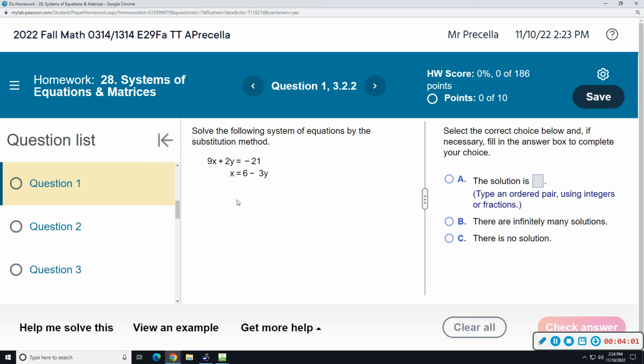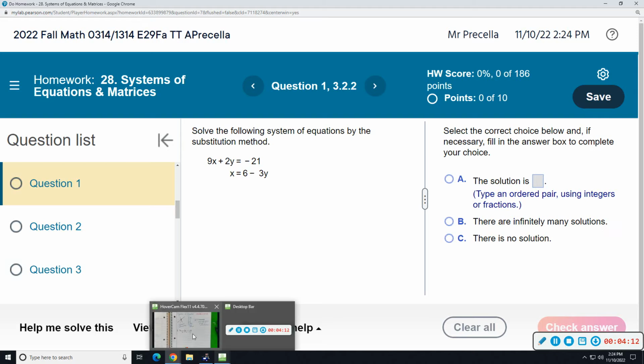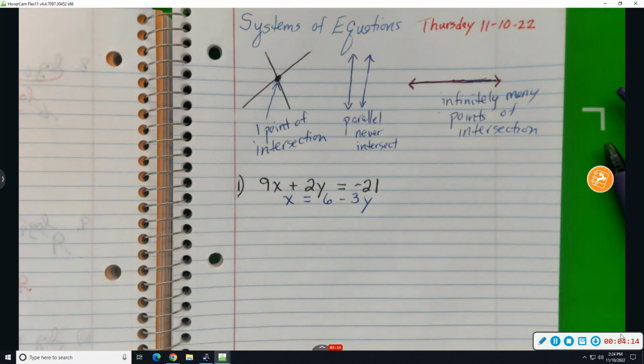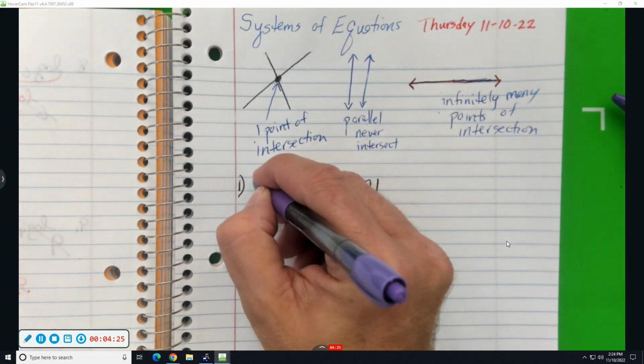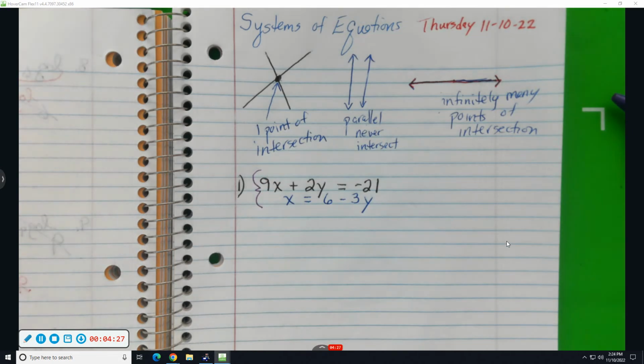x equals 6 minus 3y. Okay, so you're solving this system of equations using substitution. What we're going to do is rewrite these 2 equations in such a way that we just have 1 equation.